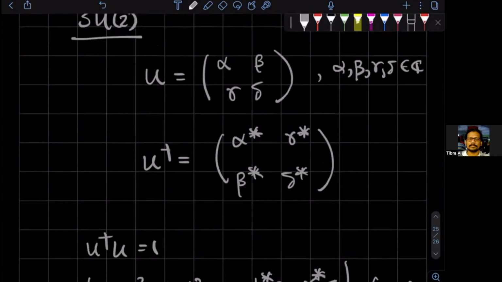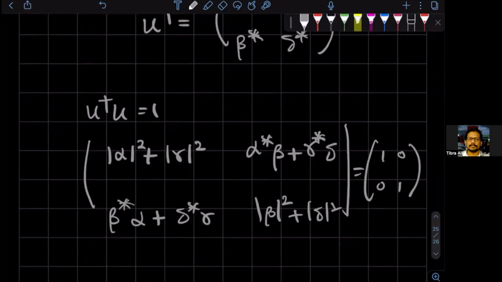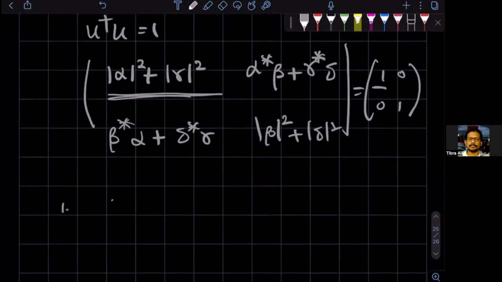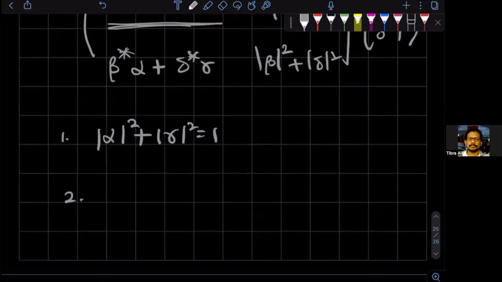Initially we had 8 real parameters, right? But here we see that this is one condition. This equals this. This is one condition. This is another condition.